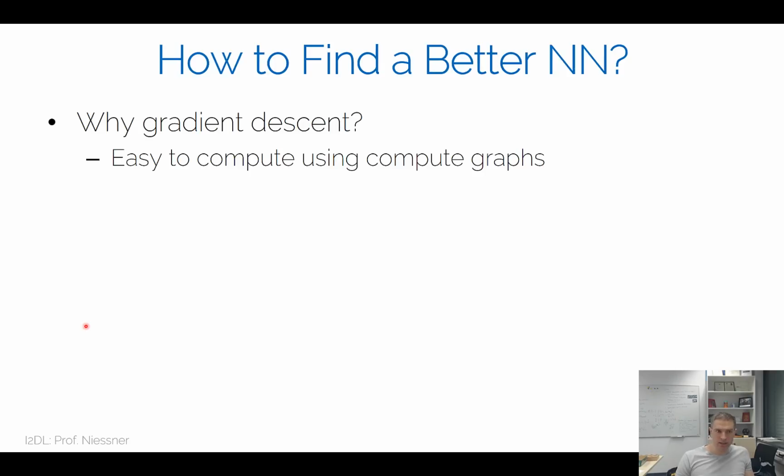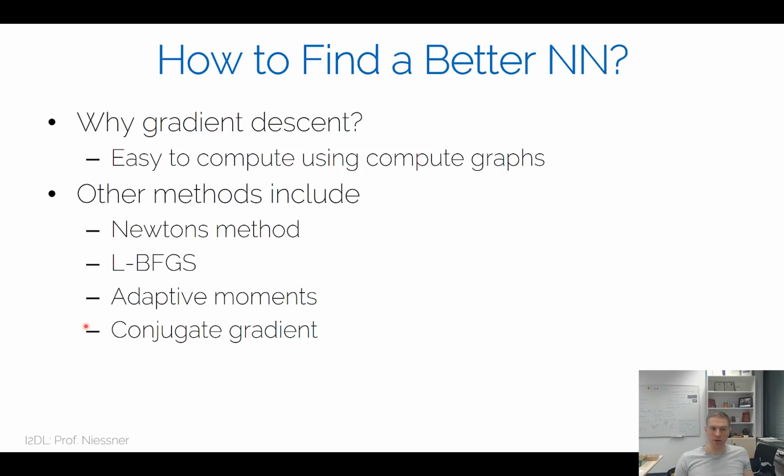So why do we use gradient descent? It's very easy using compute graphs. And gradient descent turns out to be very scalable with large amounts of data and very complicated functions. There are a lot of other methods, such as Newton's method, LBFGS, adaptive moments, conjugate gradient descent, Levenberg-Marquardt, many methods here for optimization.